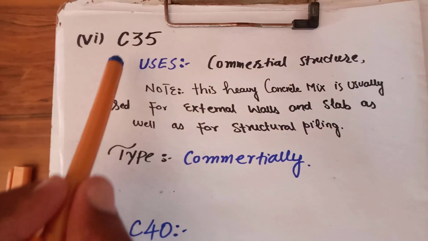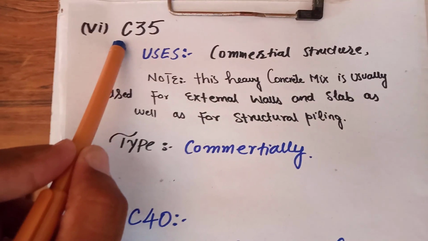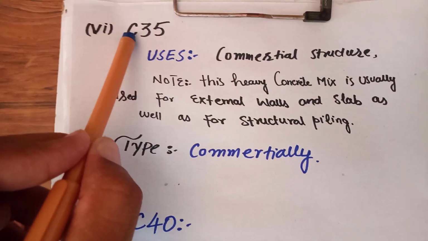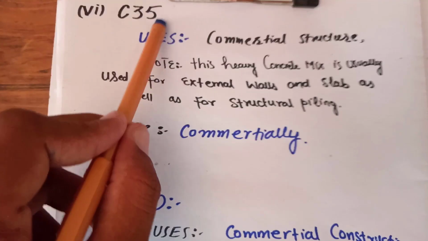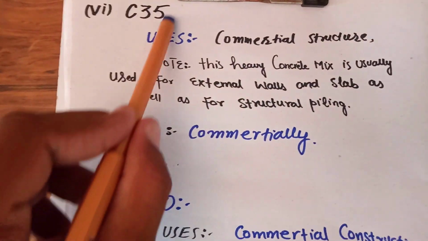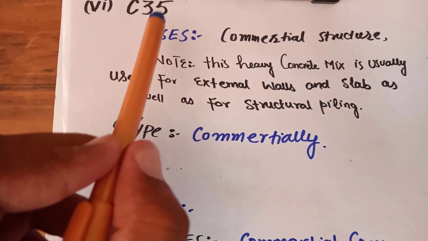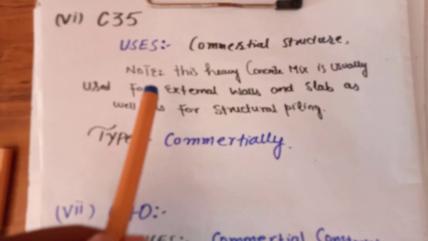So dear friends, now we come to C35, where C is the mix ratio of cement, sand and aggregate proportions. 35 is 35 megapascal, the 28-day compressive strength of cylindrical concrete. So we can use it in commercial structures only.